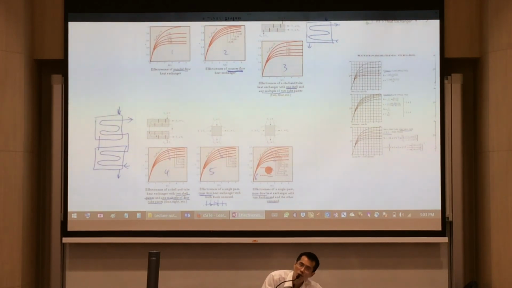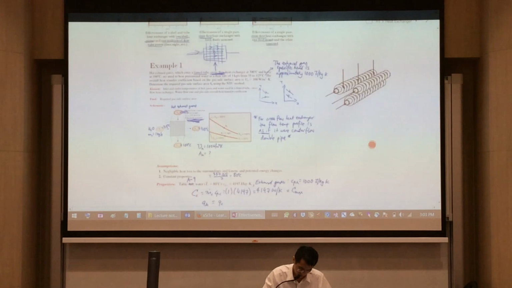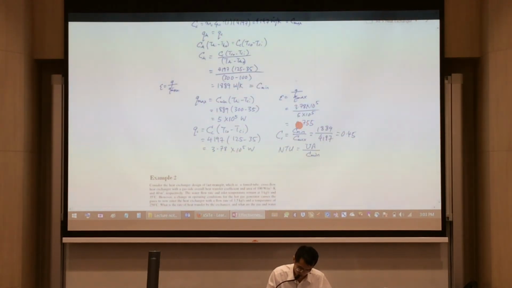So it's the fifth one, this graph over here, because it says it's cross flow, both fluid are mixed. How do I know that? That's because over here both fluid are mixed. So I'm going to make use of that with this number, epsilon 0.755, and your CR that's 0.45.